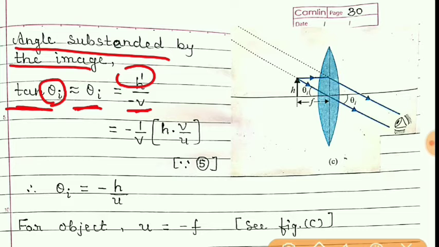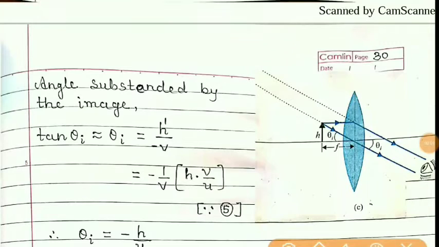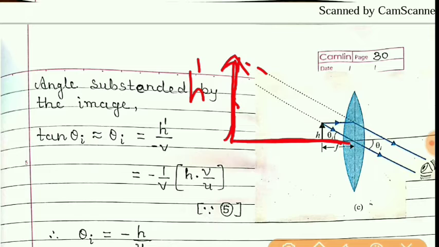Now students, why is it h dash upon minus v? It is because the image is formed, suppose, here. So image height will be h dash, and from the lens this distance will be image distance v.